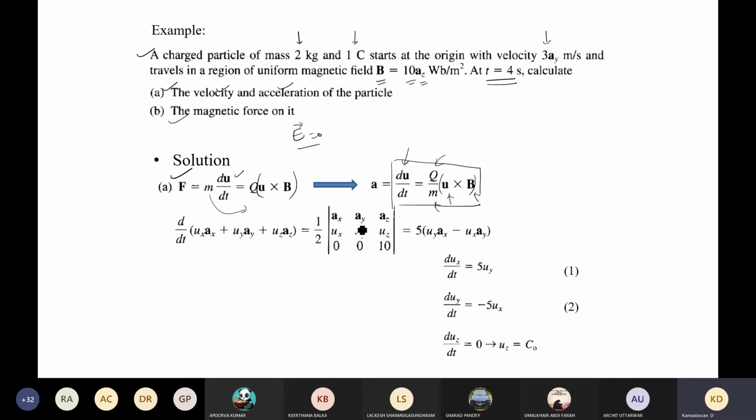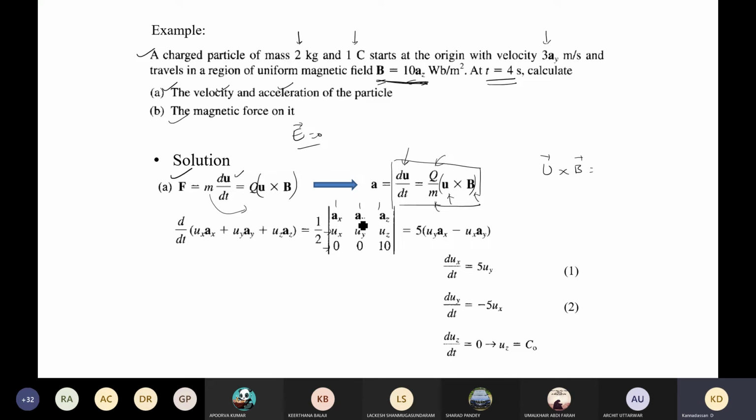So first let us put this u vector cross b vector. When you do the cross product, what we generally do is write the unit vectors, and first we fill in the u vector, then the magnetic field. So we fill in ux, uy, uz, and in the case of the magnetic field, it is available only in the y direction.